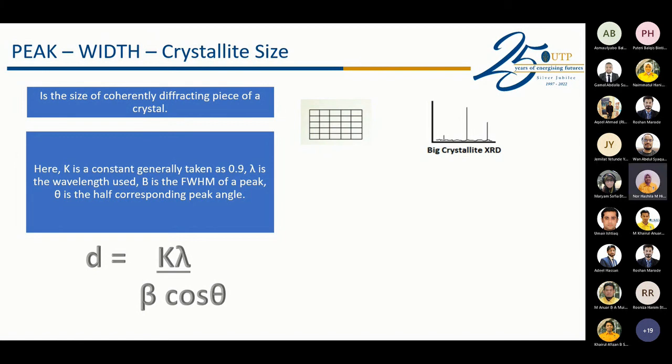If we have several crystallites with smaller size, the direction of each crystallite is not identical. So in this case D is getting lower and the FWHM is getting higher.